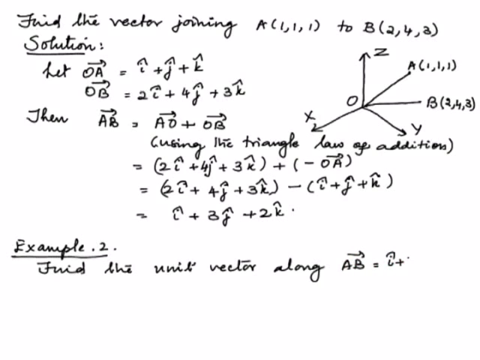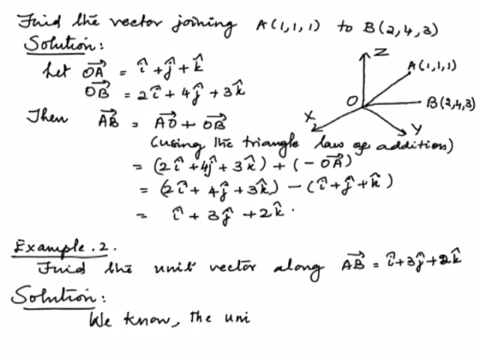So here find the unit vector along AB, that is equal to i plus 3j plus 2k. So by formula we know that A cap is equal to A vector divided by the modulus of A vector. Thus, following the same lines, the unit vector of AB needs to be found out.